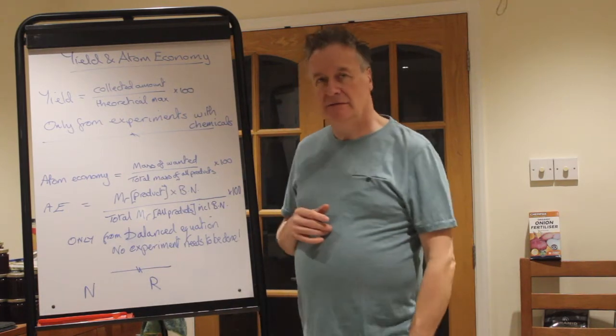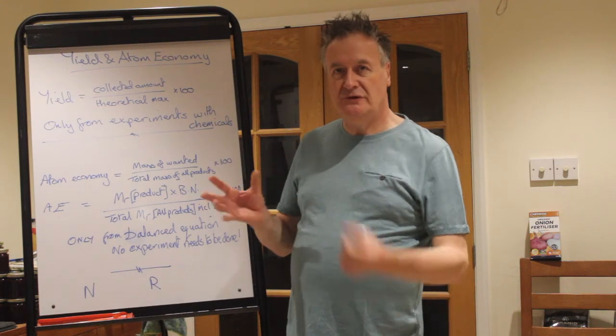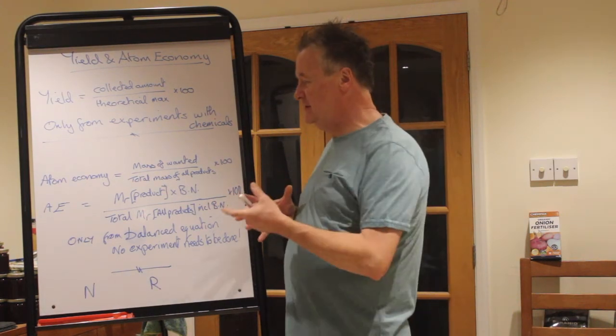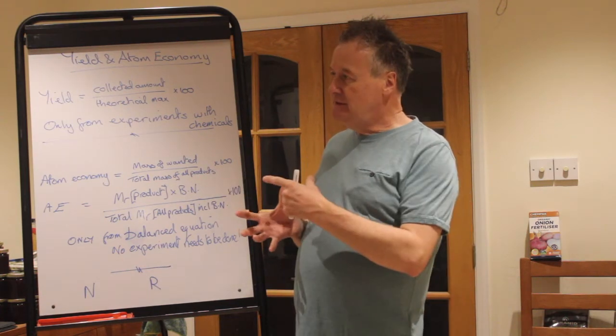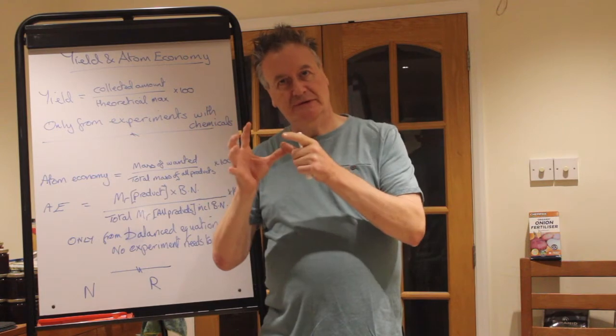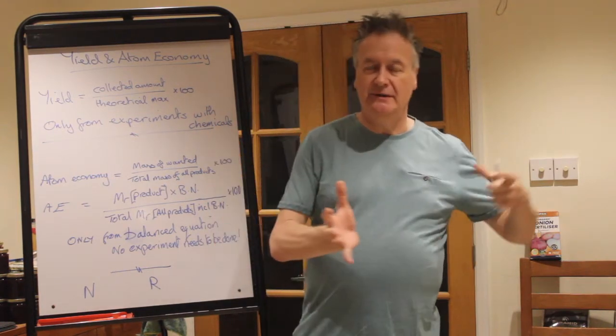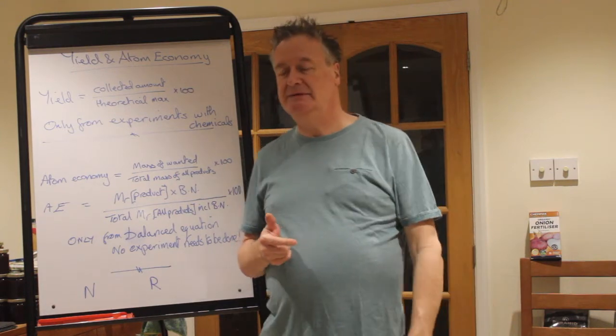Atom economy doesn't involve you getting the chemicals off the shelf and doing anything with them. It just involves looking at the balanced equation. Now in a lot of textbooks they go formula mass of the product that you're trying to get divided by the formula masses of all of the reactants including their balancing numbers.